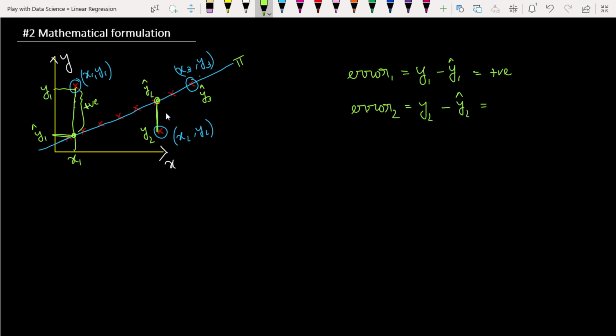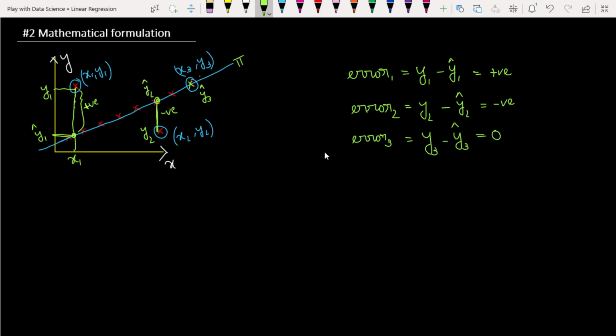This portion is negative. Now let's see error 3, that is y3 minus y3 hat. These are both equal, since the actual point lies on our best fit line, so here our error will be 0.